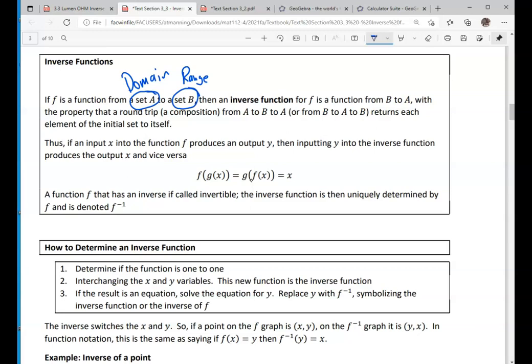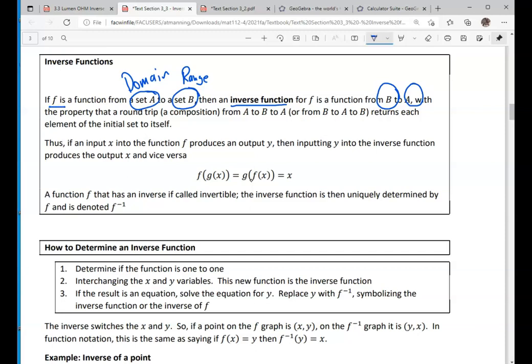Suppose I have some function called the inverse function that for any number in the range takes me back to the original domain, and I get back the exact same input I originally gave to this function, f. We call that function the inverse.